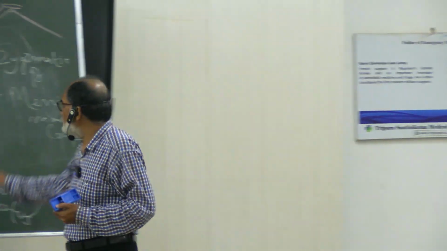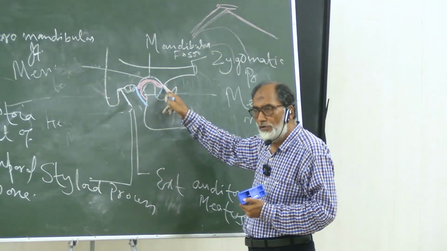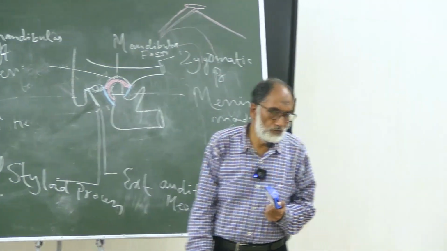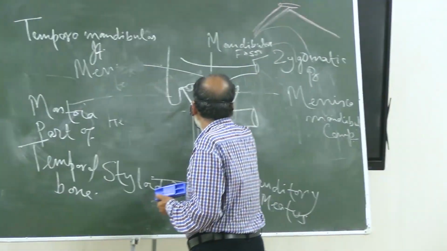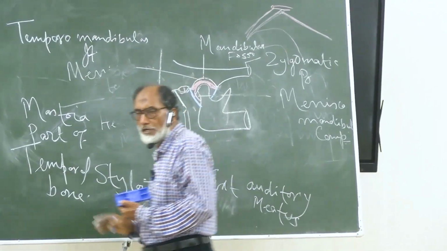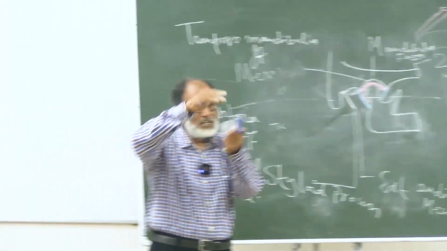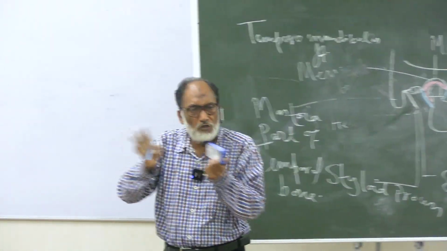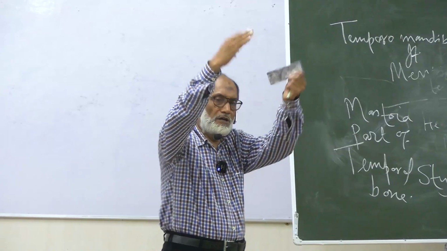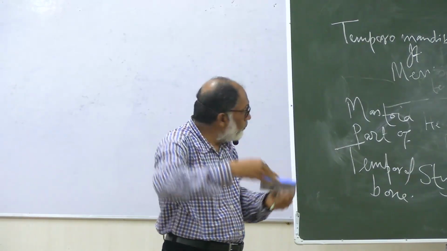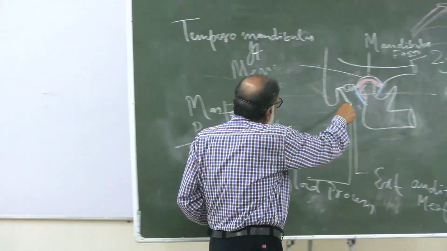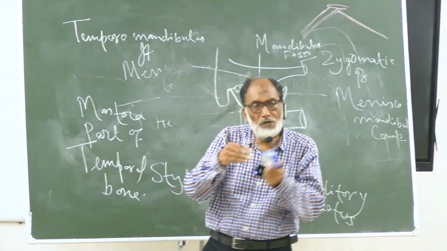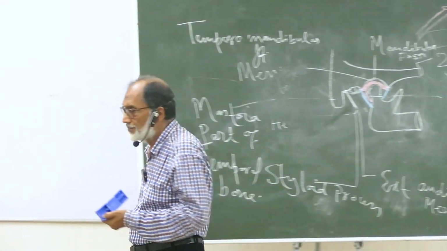Anteriorly it is attached to the anterior tubercle, posteriorly to the posterior glenoid tubercle, and in between these two tubercles it is attached to the margin of the mandibular fossa. So this is the attachment of the capsule above, and below it is attached around the neck of the mandible. So this is the attachment of the capsular ligament.